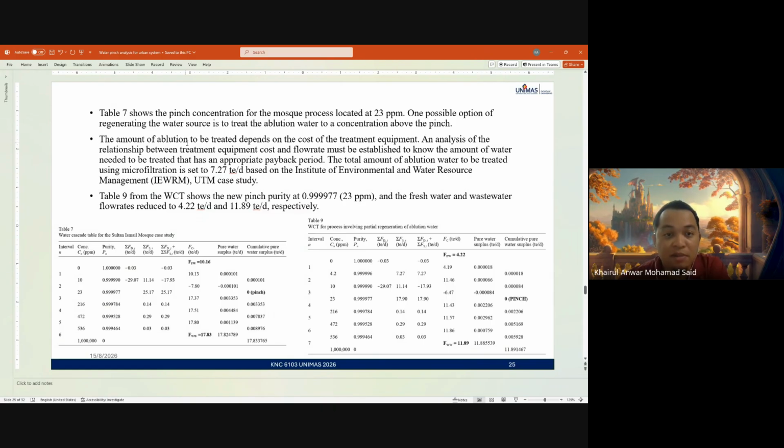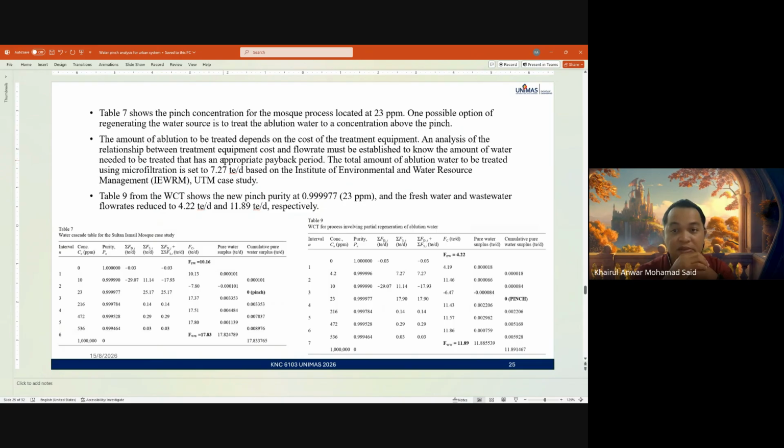The amount of wastewater to be treated depends on the cost of the treatment equipment. An analysis of the relationship between treatment equipment cost and flow rate must be established to know the amount of water to be treated that has an appropriate payback period.